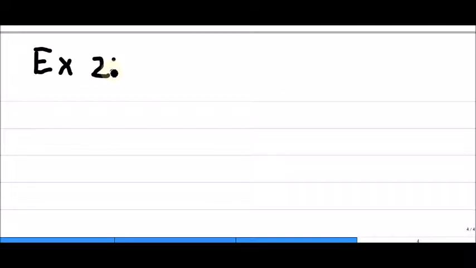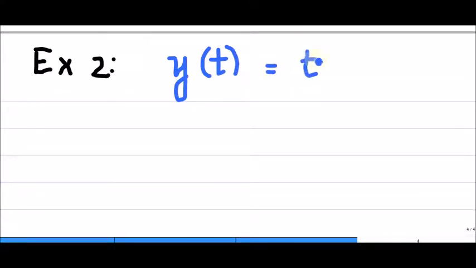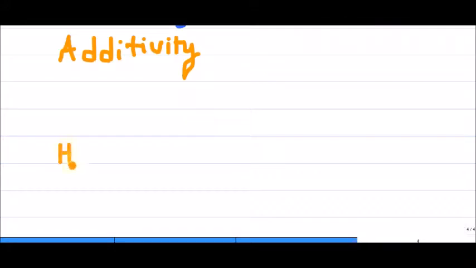Let us now consider a second example where the system is defined as y of t is t times x of t. So I scale the input by the time t at that particular point. Again we pick up the two properties, additivity as well as homogeneity.